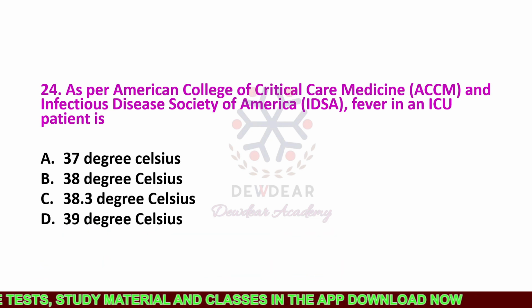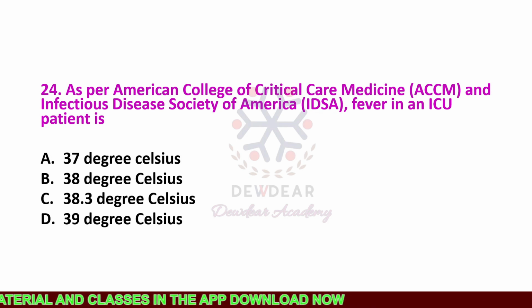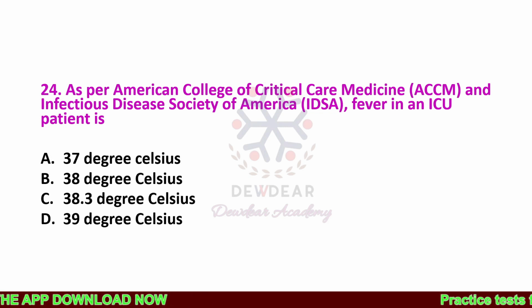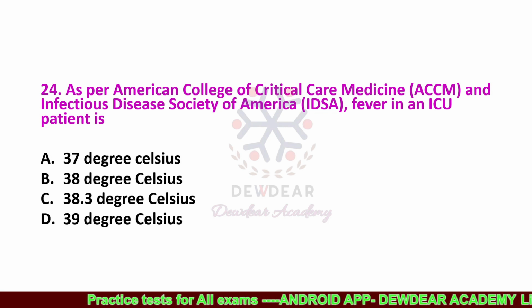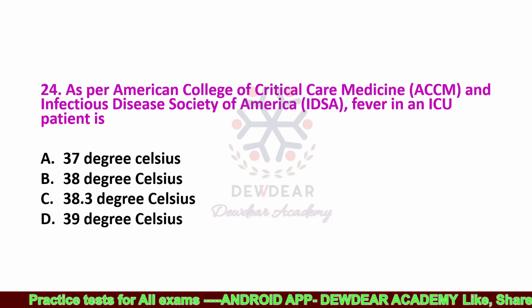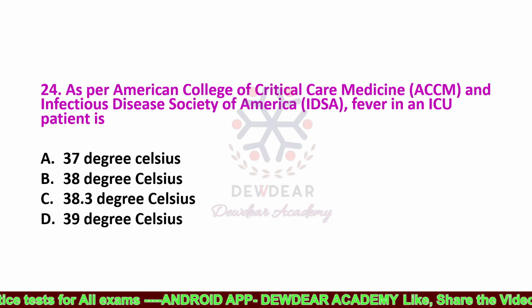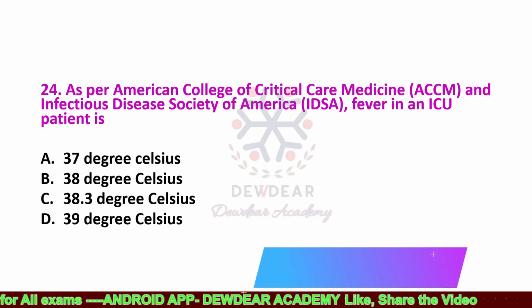Now the question number 24. As per American College of Critical Care Medicine, that is ACCM, and Infectious Disease Society of America, that is IDSA, what temperature is considered as fever in an ICU patient?